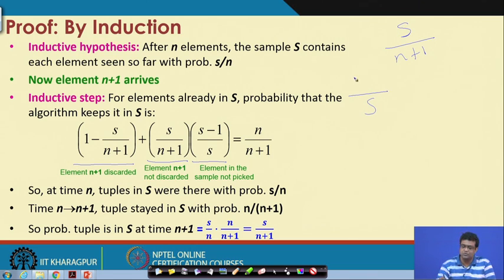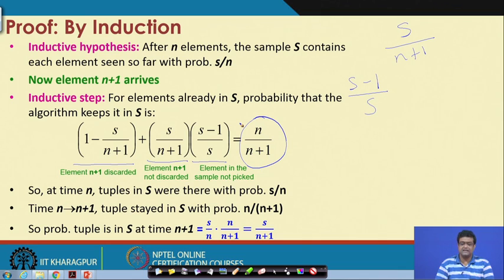So, only s minus 1 of them will actually survive. If you do this calculation, you will see that the probability that the algorithm keeps one of the existing elements turns out to be n by n plus 1.